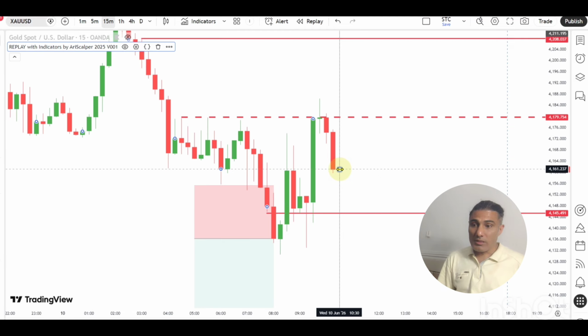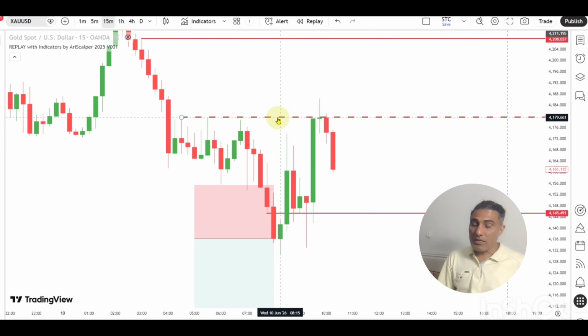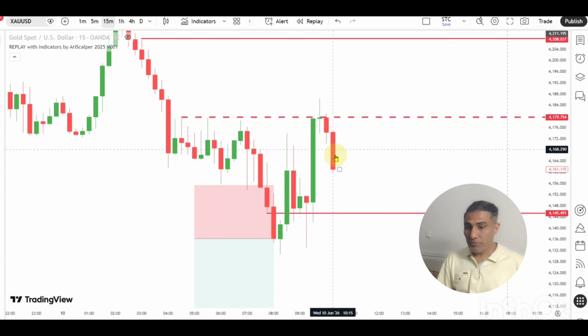It looks like the target has now been hunting these tops. Can we enter a sell position now by accepting higher risk? Yes, but otherwise you need to wait for a stronger confirmation.